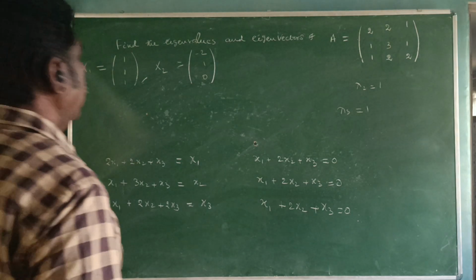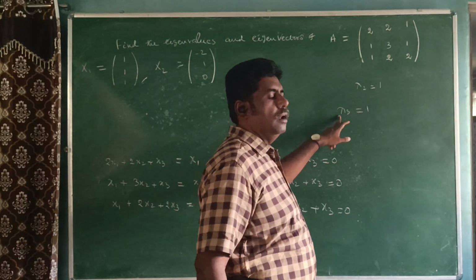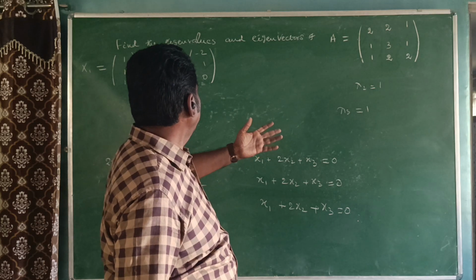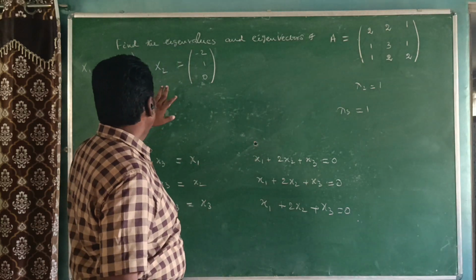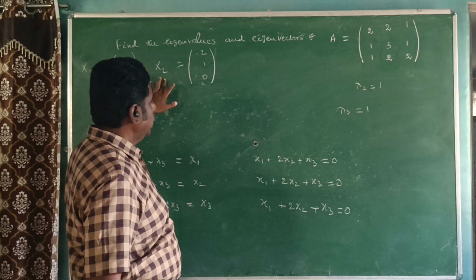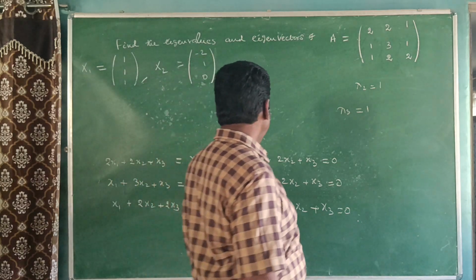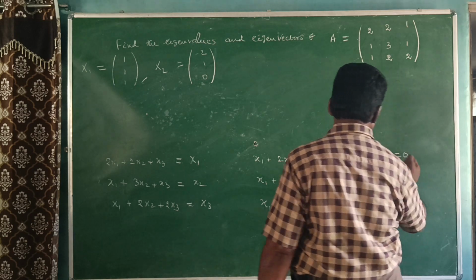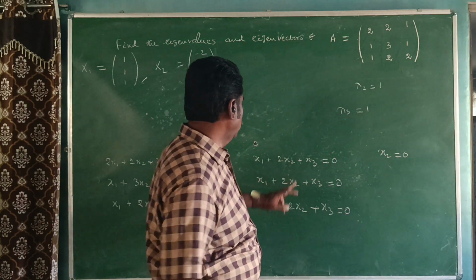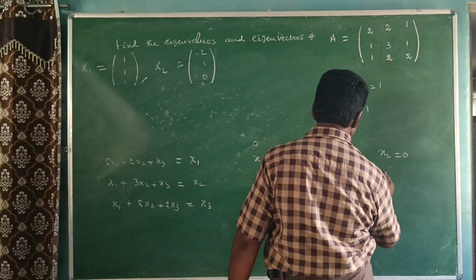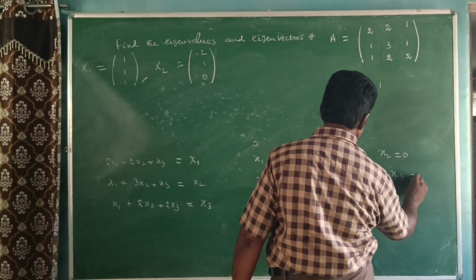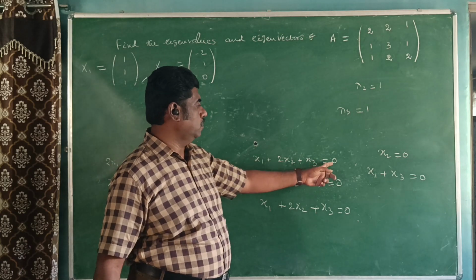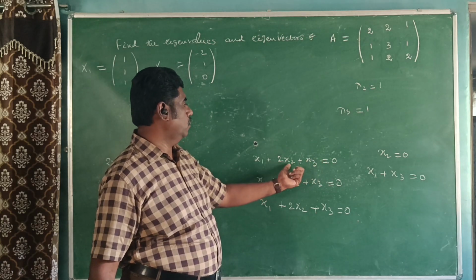Even though lambda 2 and lambda 3 are the same, if you want to present the value of x3 which is entirely different from x2, consider x2 equal to 0. If x2 equal to 0, we can have x1 plus x3 equal to 0. In this equation, x1 plus 2x2 plus x3 equal to 0, put x2 equal to 0.